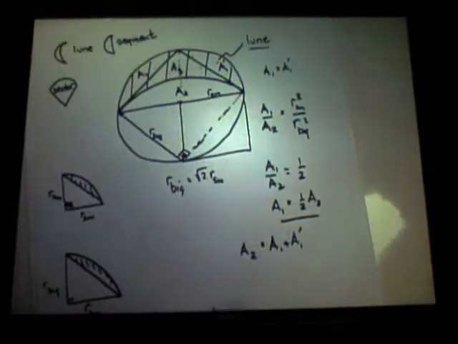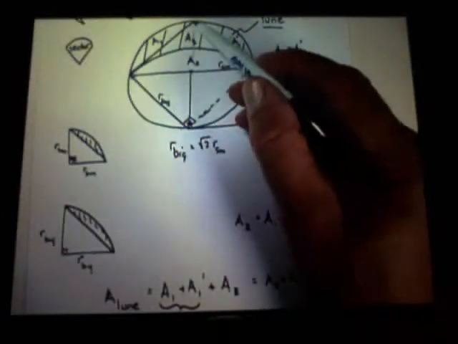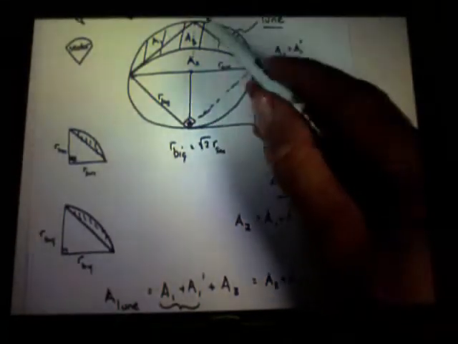Plus A3. Okay. However, we just said that A1 plus A1 prime is A2, right? What is A2 plus A3 on the drawing? It's this to here. All the way. That looks like exactly what you say, half the area of the big square here, right?